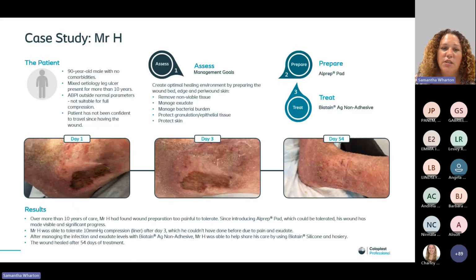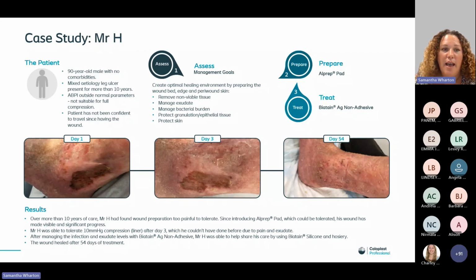So here is just an illustration of where that assess, prepare, treat has helped a patient. It's a case study about a Mr. H. So this patient is a 90-year-old male with no comorbidities. He had a mixed etiology leg ulcer and been present for more than 10 years.